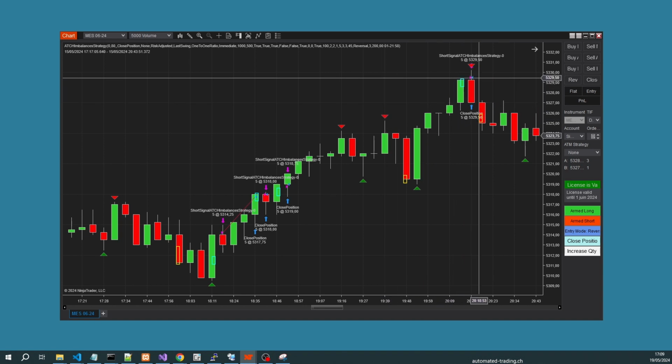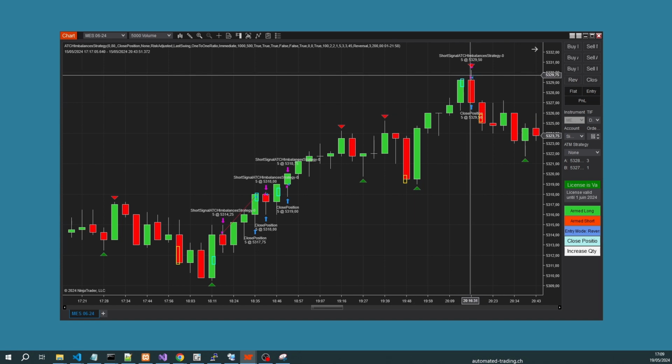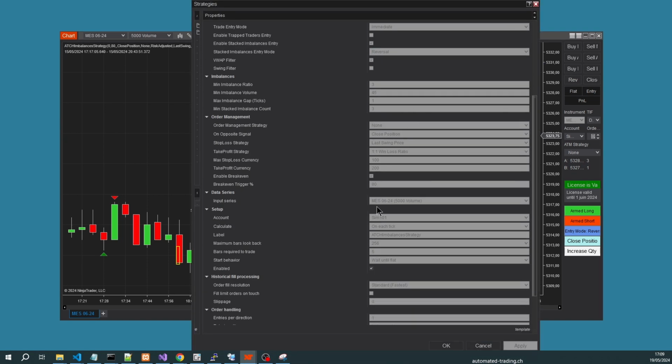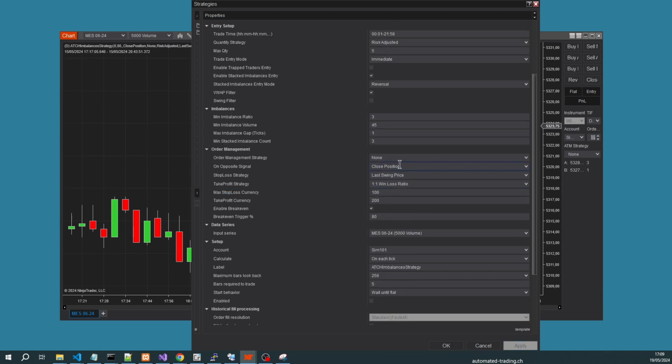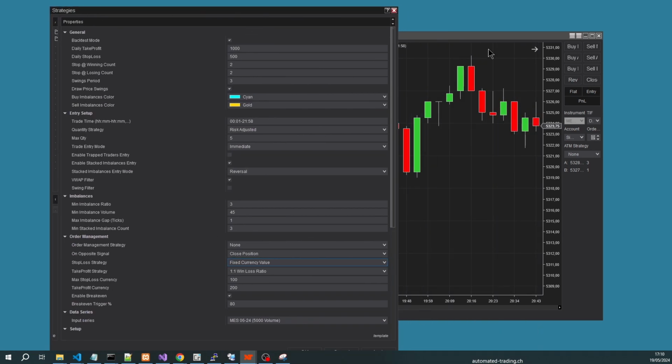So the position would get closed immediately because the stop loss is lower than the entry price for a short signal. So to make this work, if you select the reversal mode, you should not select the stop loss method to be the last swing price, but you should select a fixed currency value or the bar high and low. But the bar high and low will be very close to the entry price because we entered at the close of the bar.